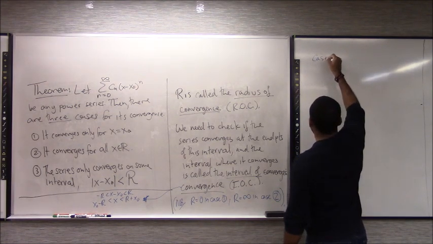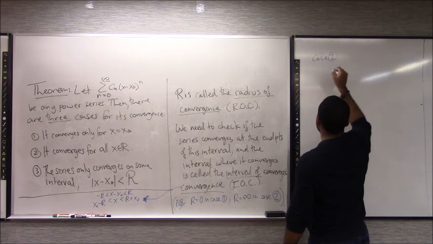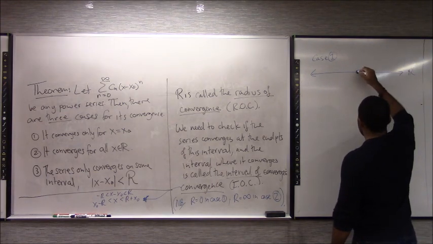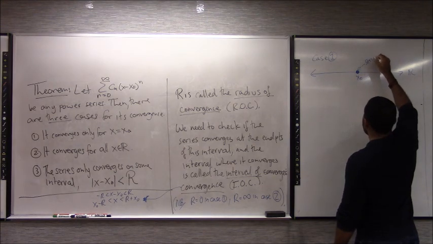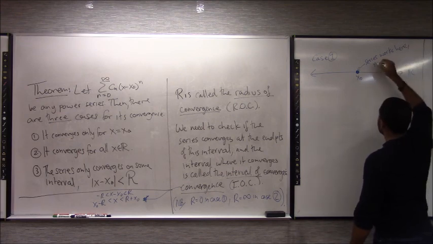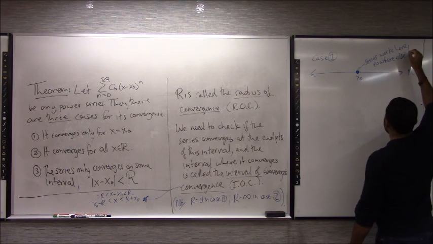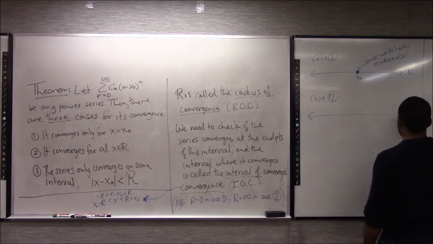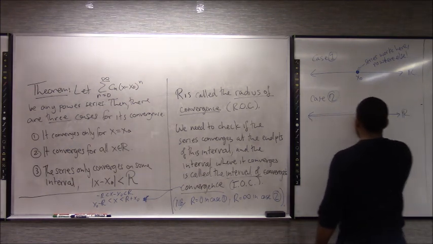In case 1, pretty much what's happening is, on the real line, you converge at that point x0. The series works here, nowhere else. In case 2, on R, the series works everywhere.